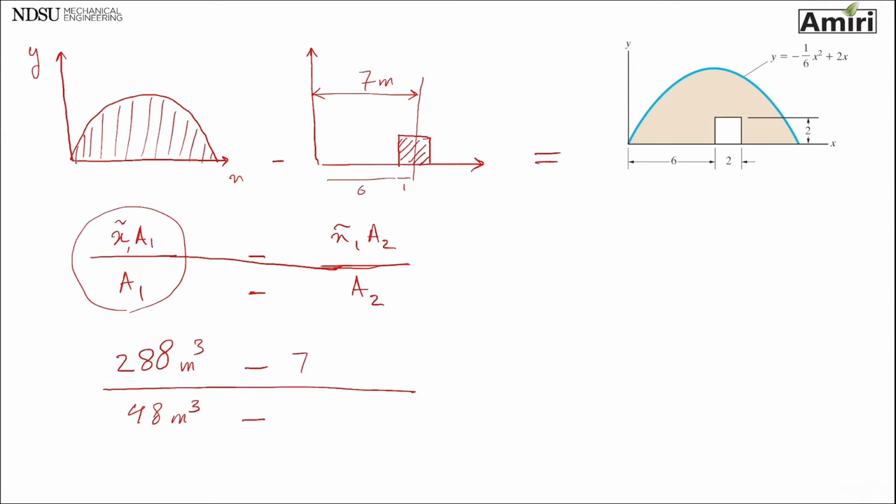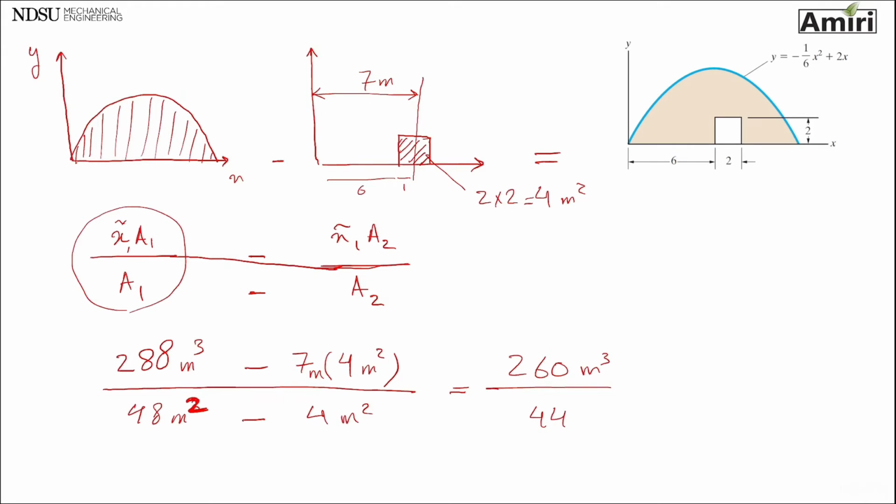So it's going to be 7. And the area of it is 2 by 2. That makes sense because the units match. Divided by area 1 minus area 2, which is 4 meters squared. Sorry, this unit here was wrong. And this is how I'm going to get it. So the result of this is going to be 260 meters cubed over 44 meters squared. So it's going to be 5.91 meters.